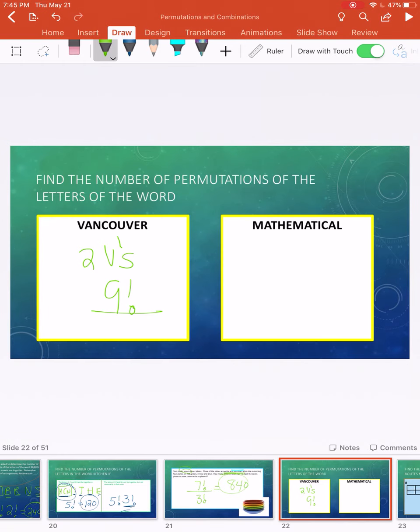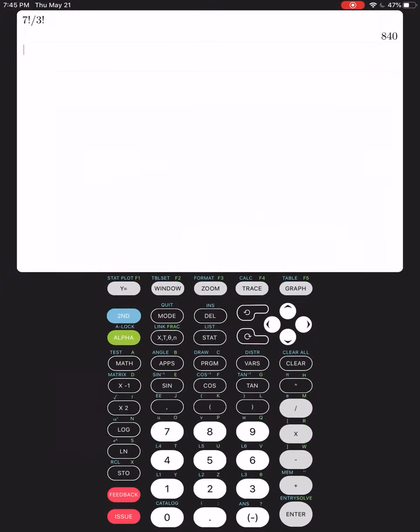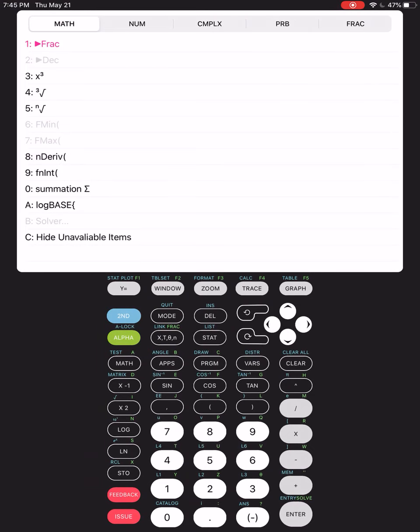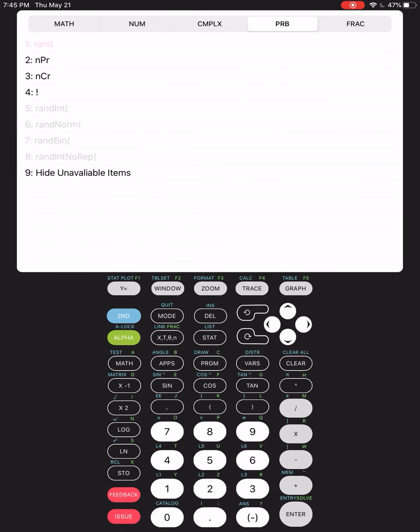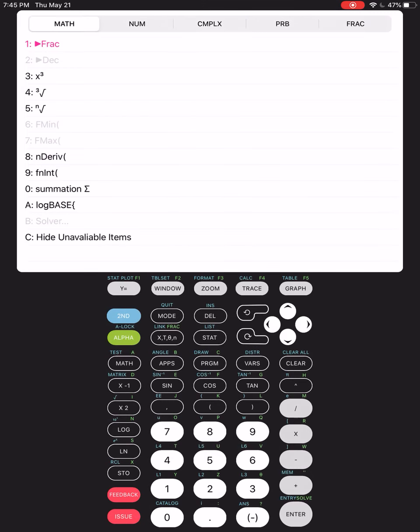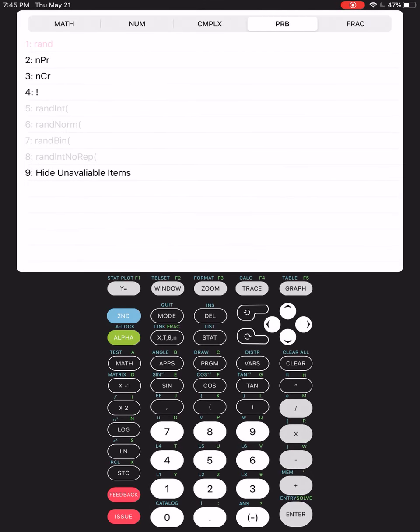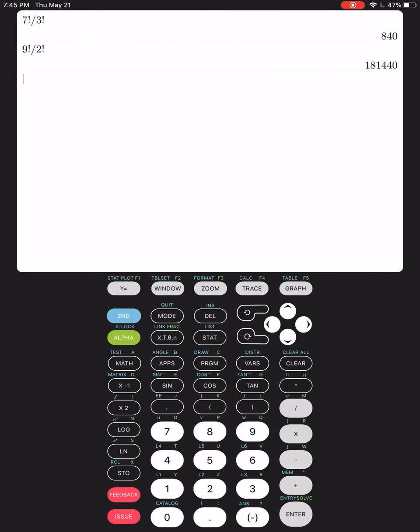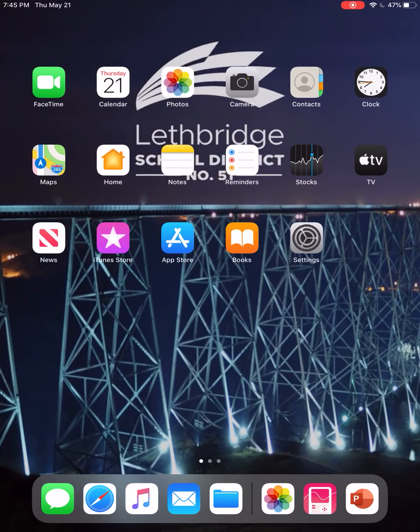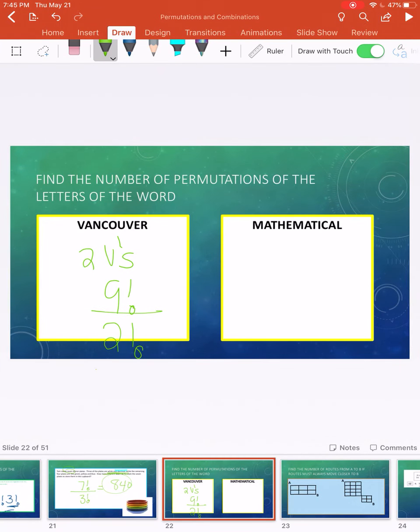And then we divide by our identical objects. So we're going to take 9 factorial and divide by 2 factorial. And I end up with 181,440.